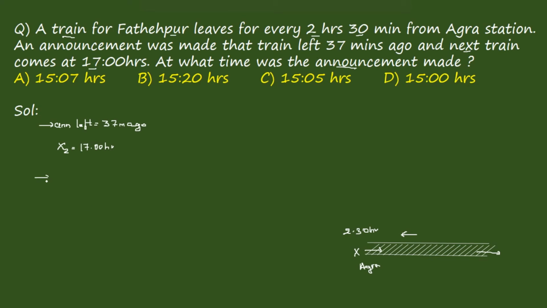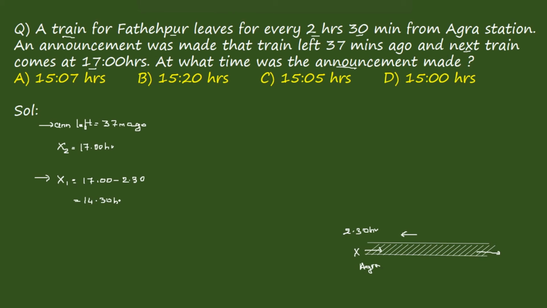If you consider the first time the train X moves, what would be the time? The next one comes at 17.00 and it runs every 2.30 hours. So the first time it moves is 17.00 minus 2.30, which is 14.30 hours.